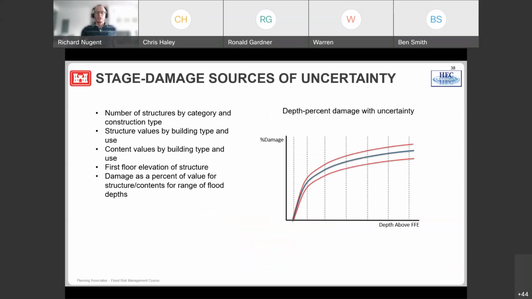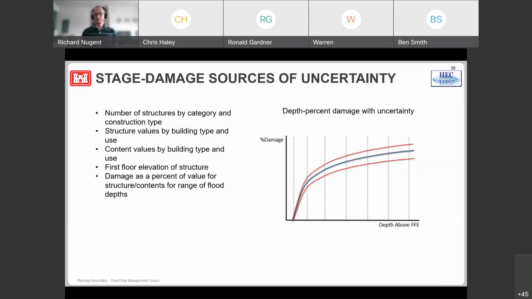So let's talk about the sources of uncertainty in linking water to structure and content value to structure and content damage. So we are uncertain about the number of structures by category and construction type, which matters, right?